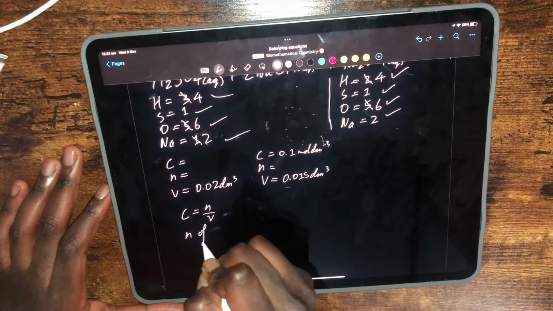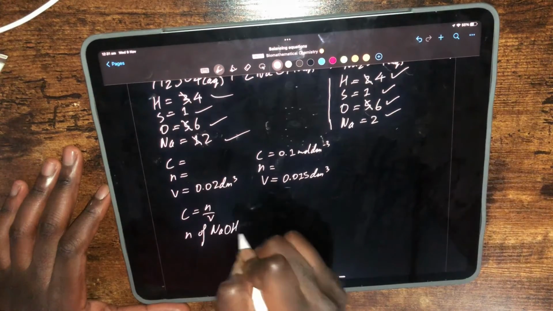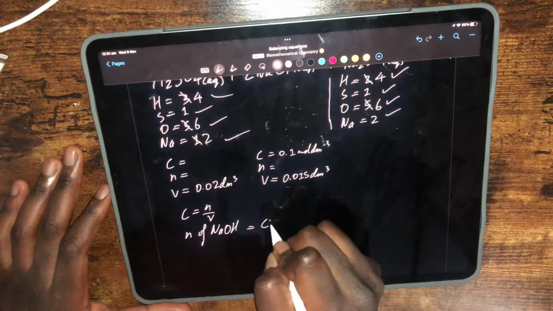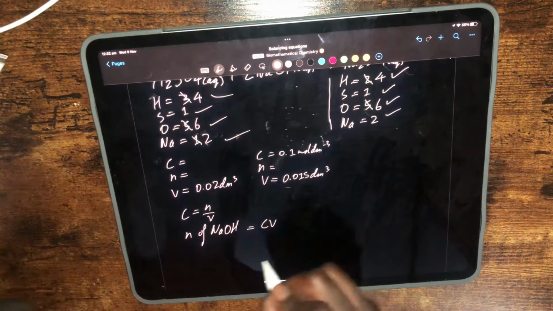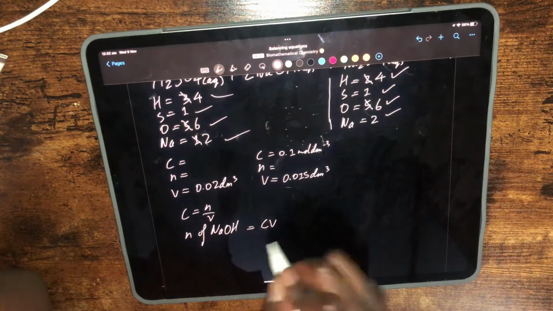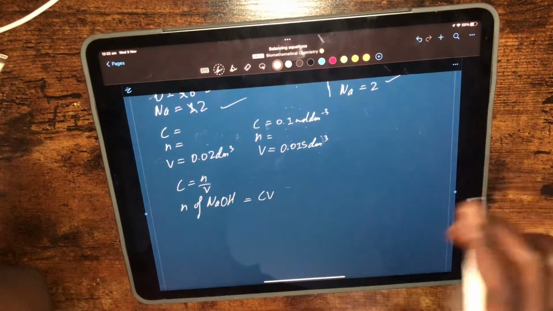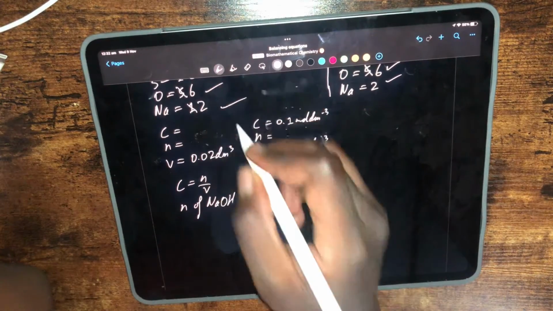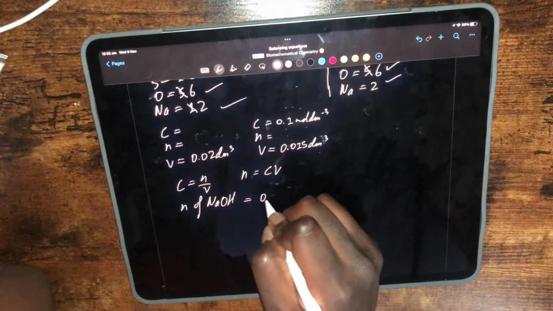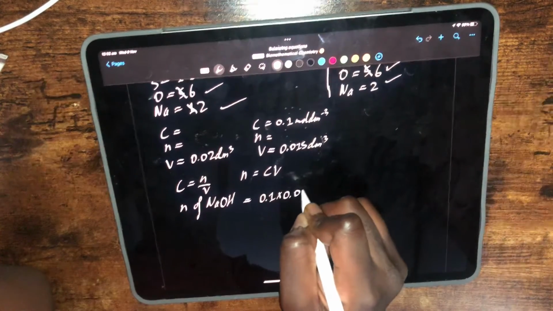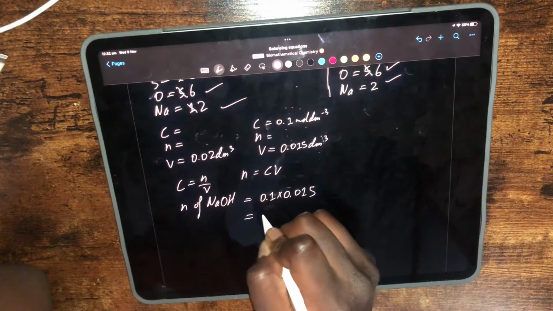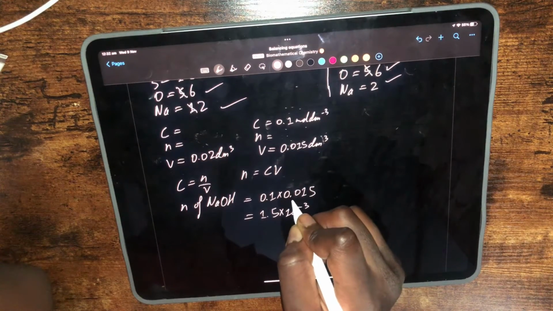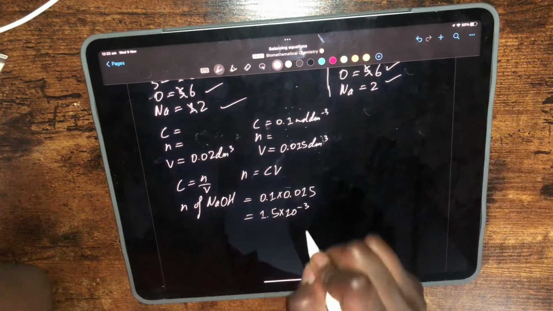Therefore, moles of sodium hydroxide are equal to the CV, or concentration times the volume, and that is just going to be 0.1 multiplied by 0.015. That's equal to 1.5 times 10 to the power of minus 3 moles.